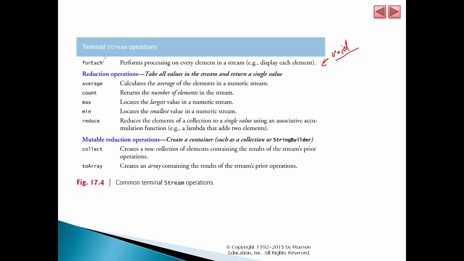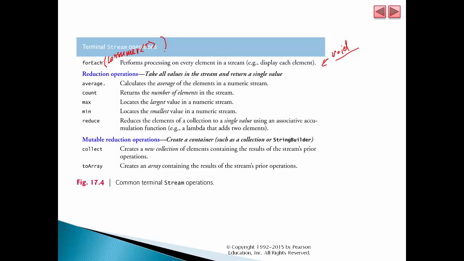So it takes a consumer SAM, sorry, not a predicate, a consumer SAM of a type T. It takes some value of type T, but it doesn't return anything. So that's a terminal operation, and it takes a consumer as an argument.